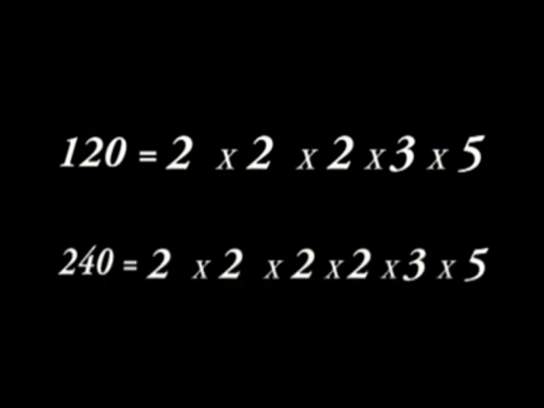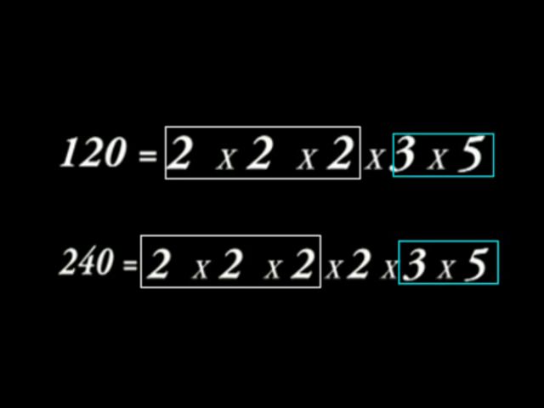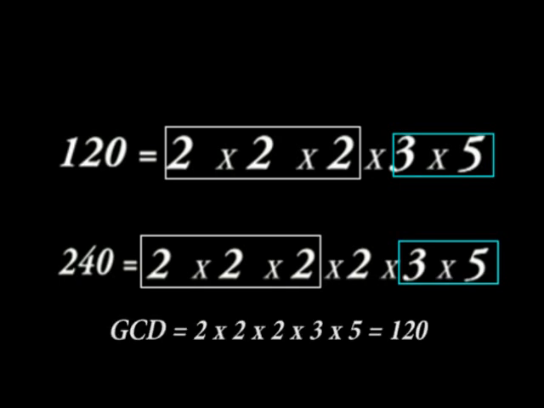The common factors are 2 times 2 times 2, 3, and 5. Hence, the GCD of 120 and 240 is 2 times 2 times 2 times 3 times 5, which is equal to 120.